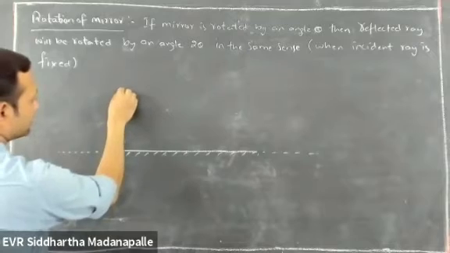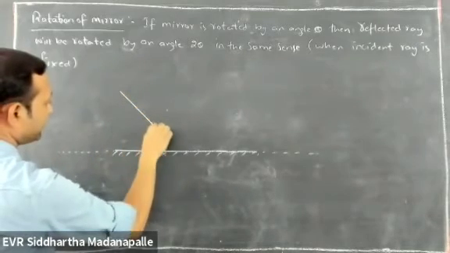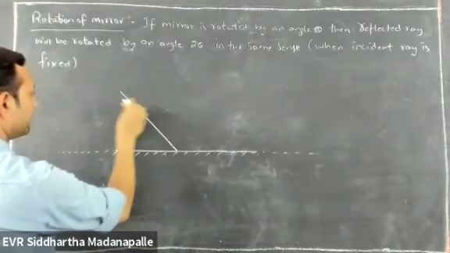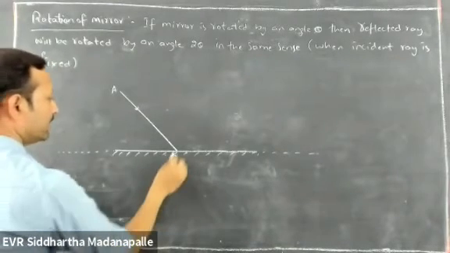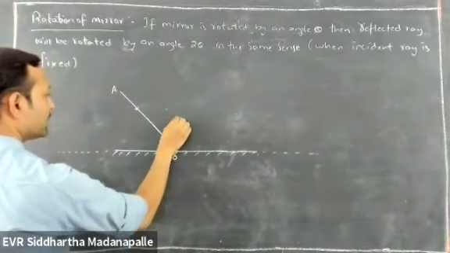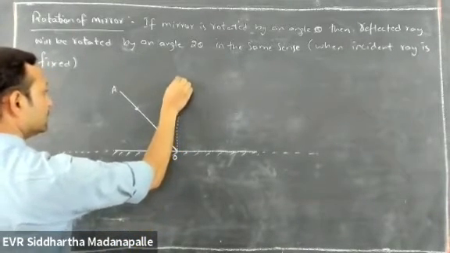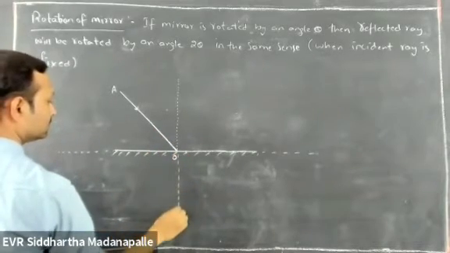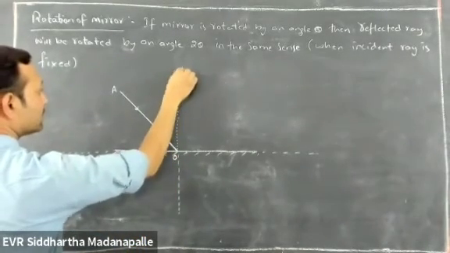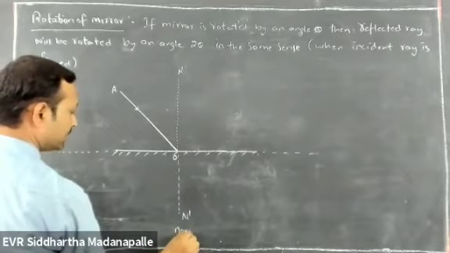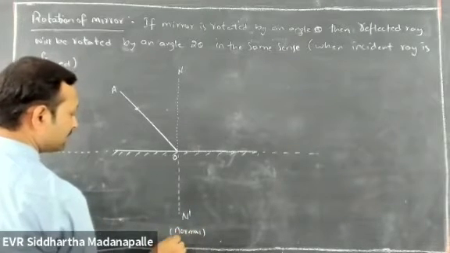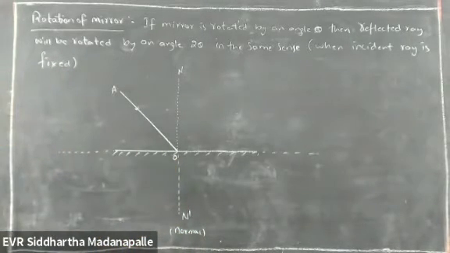Now let us consider this one is the incident ray. O is the point of incidence. At the point of incidence, let us draw a normal. Let us consider this normal as n prime. This is nothing but the normal, which is drawn at the point of incidence.